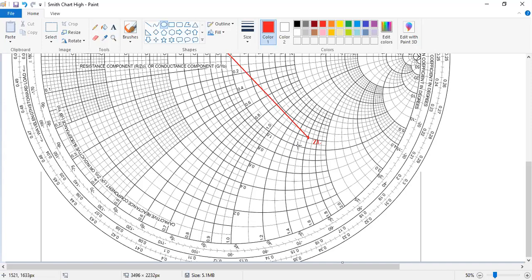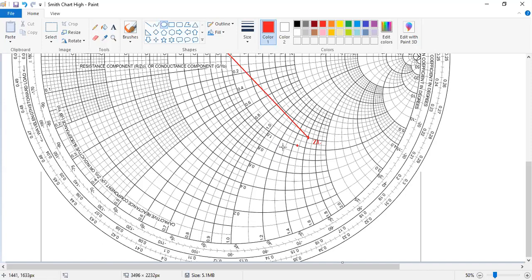So somewhere here this point will be, before 1.5 on the 1. So somewhere here it will be.